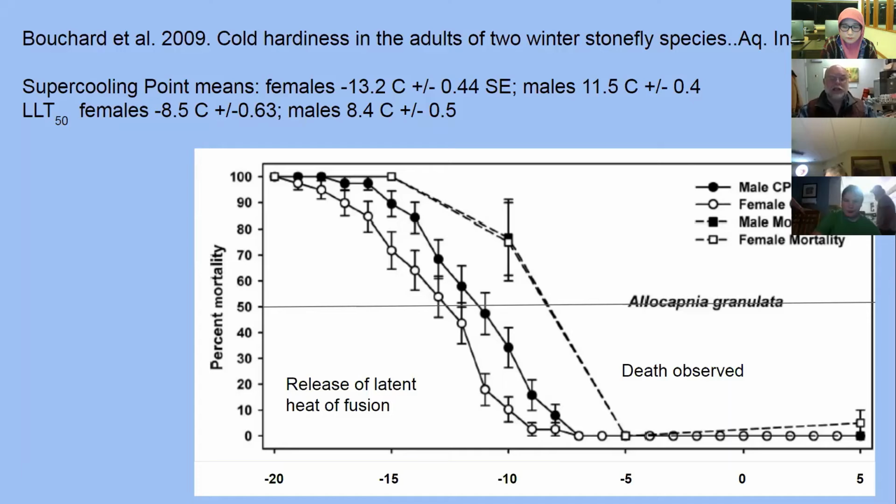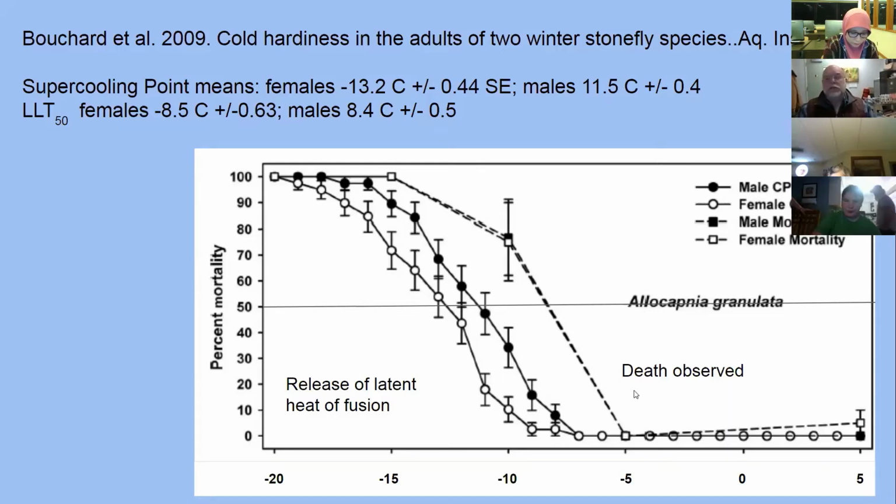They didn't give it a chance to revive. They just could sense that there's this release of latent heat of fusion, that they're estimating that this thing died because they could tell that freezing had taken place.